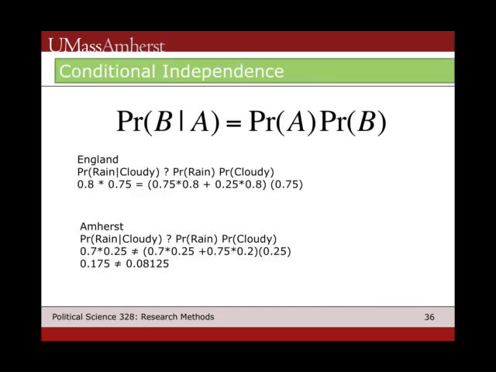So formally, and this might be something you've seen before, the probability of some outcome B conditional on A, that's what the line means, is just the probability of B if they are independent.